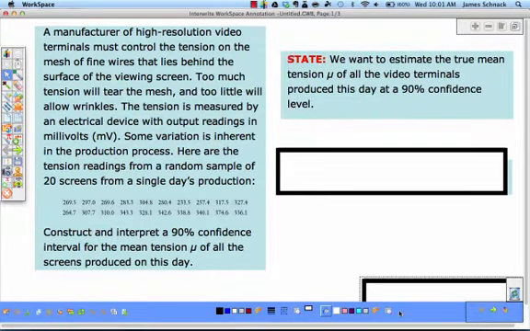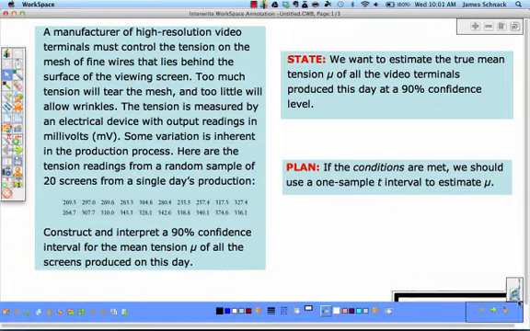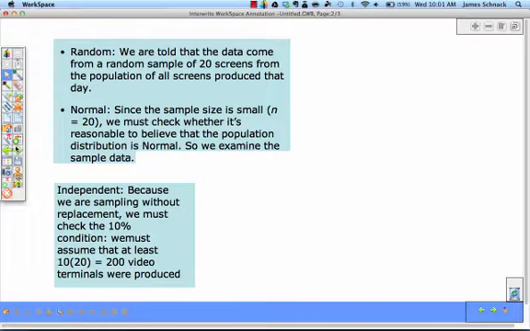So we state the problem. We want to estimate the true mean of all video terminals at a 90% confidence interval. Our plan is that if the conditions are met, we should use a 1-sample t interval to estimate the mean. So if the conditions are met, well, the conditions are random sample, normal population, and independence.